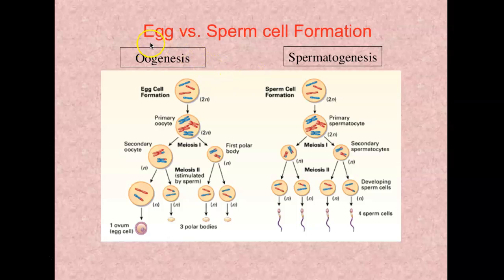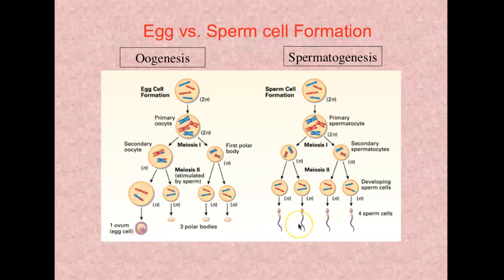Here is oogenesis and spermatogenesis. Essentially, we're looking at egg versus sperm cell formation. Oogenesis is how females produce their egg cells. The production of females' eggs is slightly different than males.